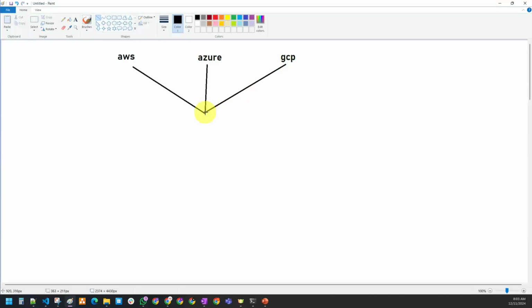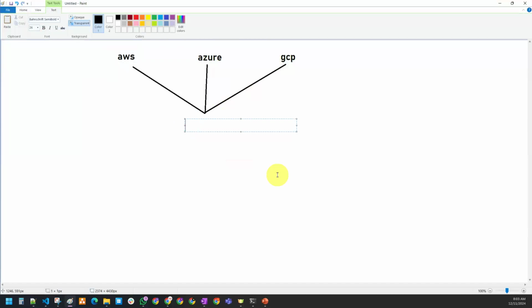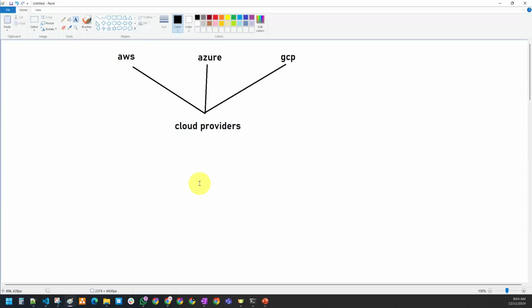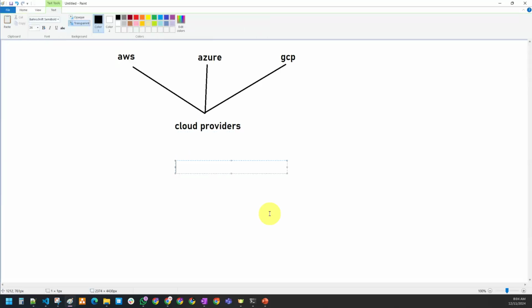Can you tell me what these are? Correct, they are the cloud providers. What do cloud providers provide you? They provide us the cloud computing services.